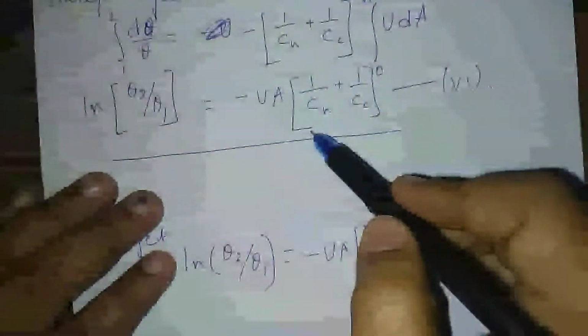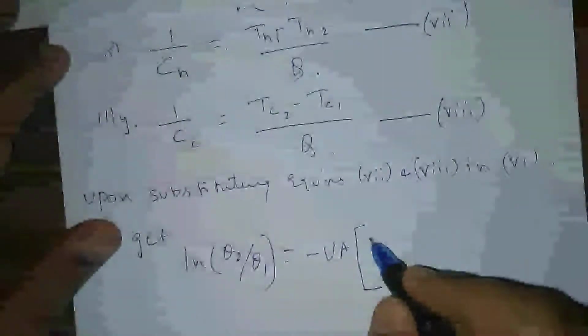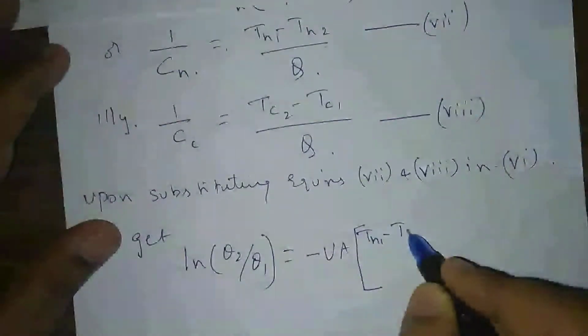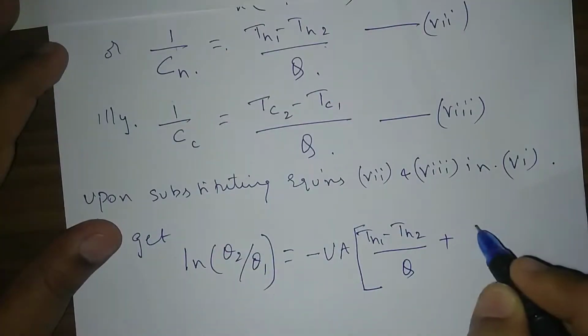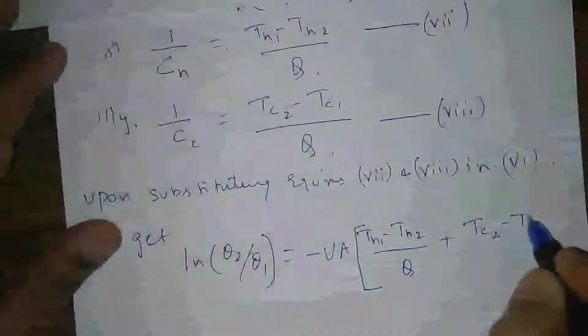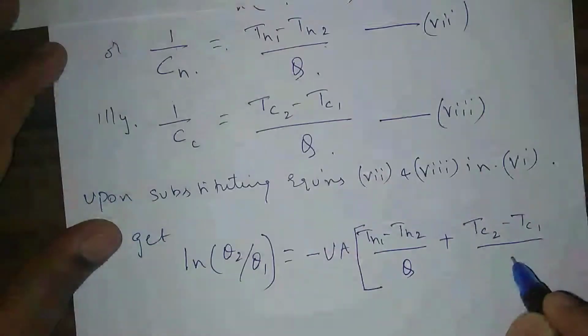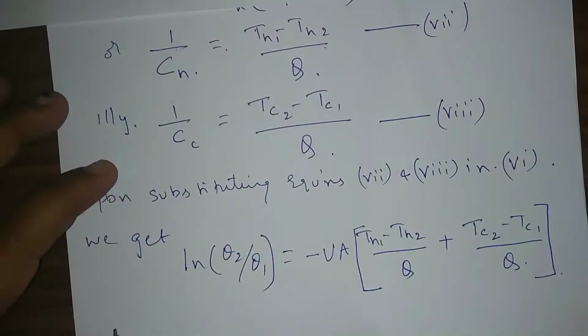So what is 1 by Ch? 1 by Ch here is TH1 minus TH2 divided by Q plus TC2 minus TC1 divided by Q, correct?